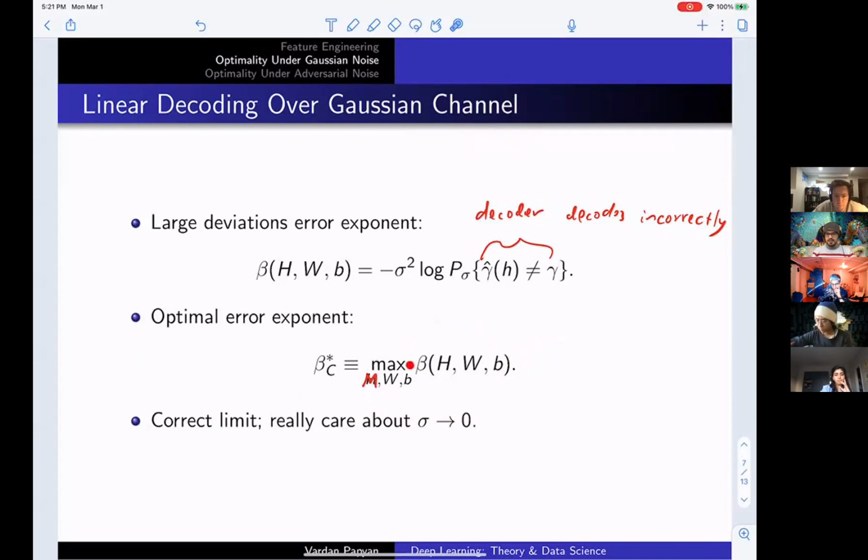This large deviation exponent error is the probability of misclassification as your deviations tend to 0. Okay, it seems like it still does not make sense.